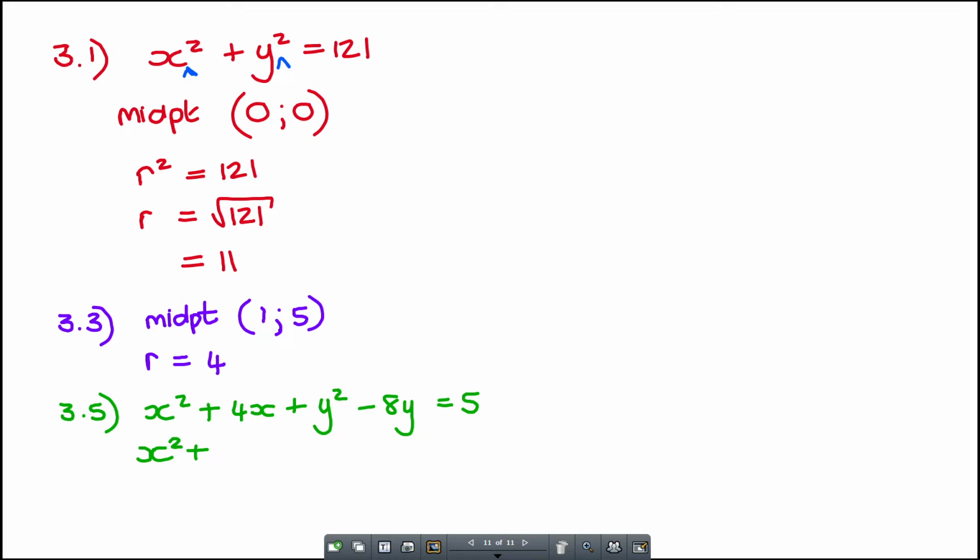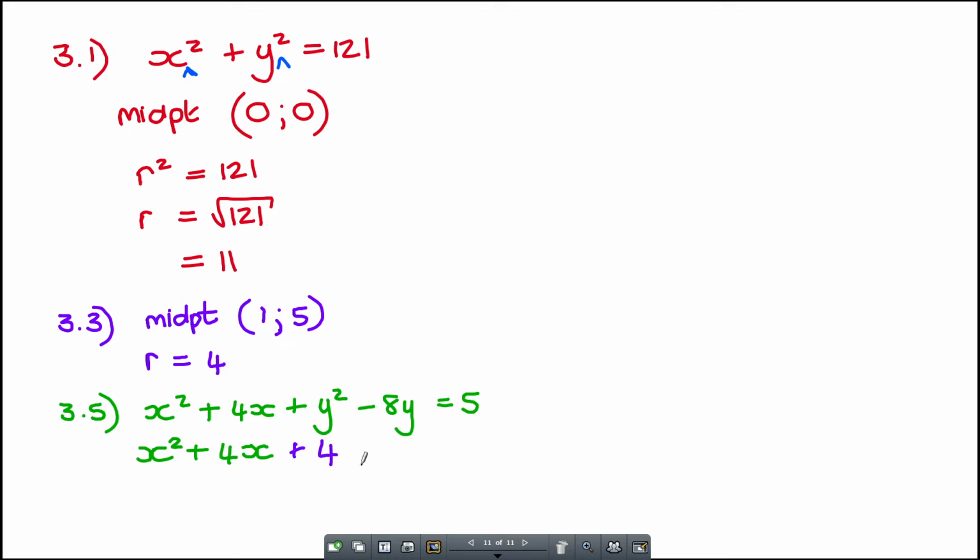So wat het ons gesê? We take coefficient of x, which is 4, and then divide by 2, meaning 2. And then square it, so dat gee weer vir my 4. Okay, so I'm going to add 4 here.